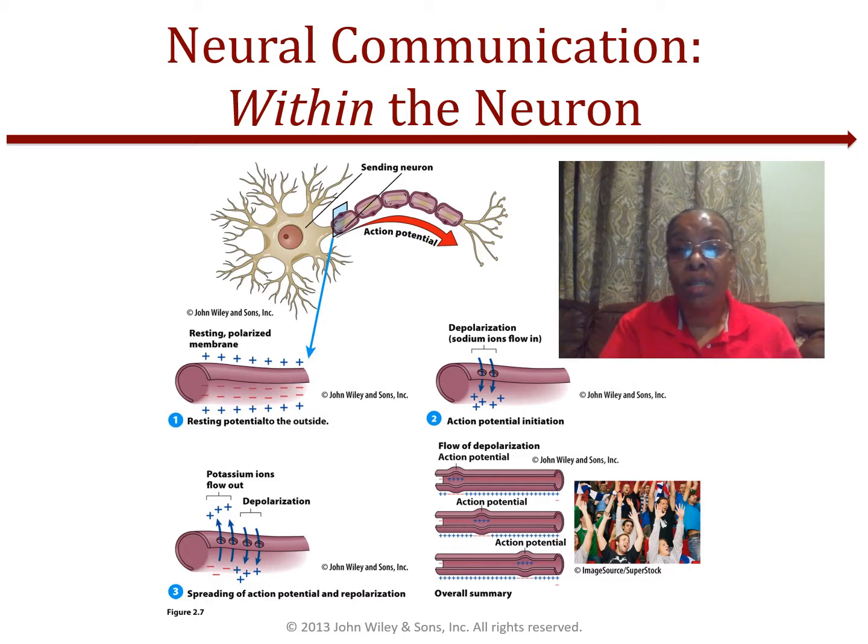This sequential process is called depolarization, followed by repolarization. This is when it's transmitting the action potential along the entire length of the axon, from the cell body to the terminal buttons.